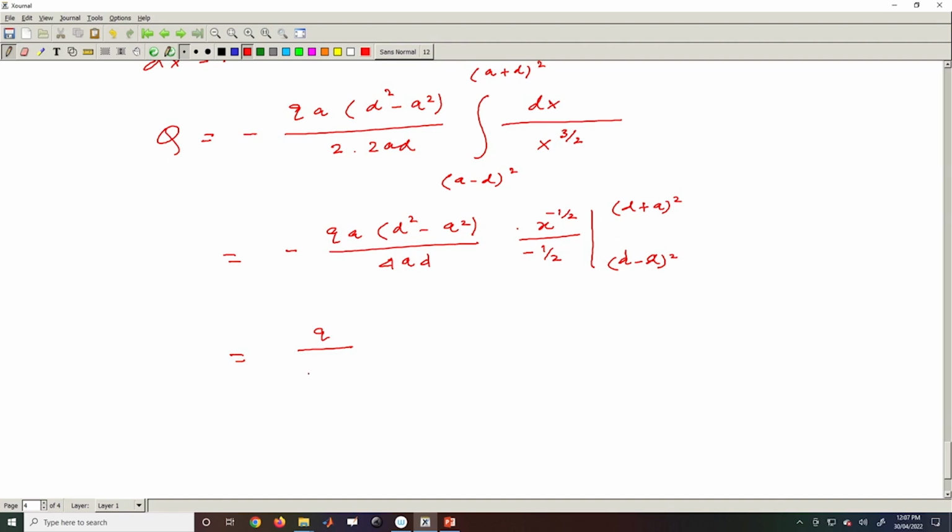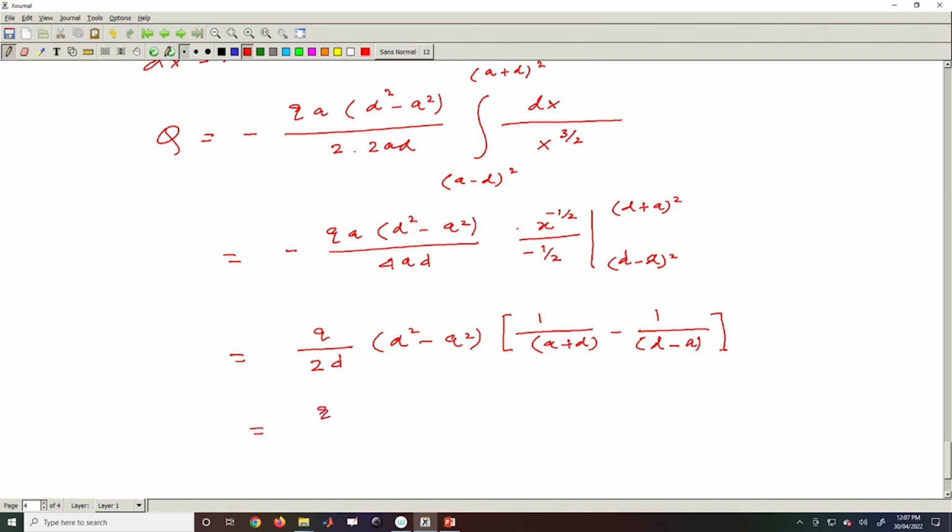So we have q divided by 2d and then d square minus a square, and for that limit I have 1 divided by a plus d minus 1 divided by d minus a, that is all.